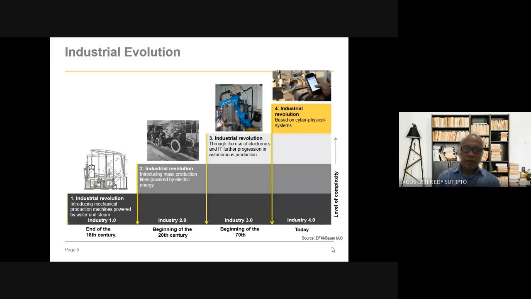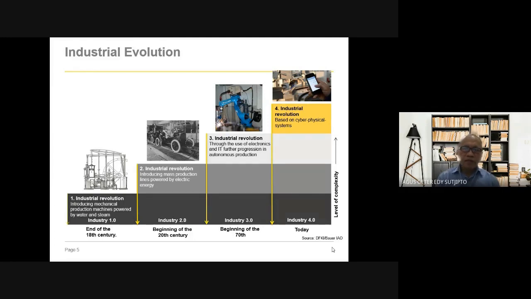So the industry revolution started there, 1.0, when we could use mechanical machines for farming.